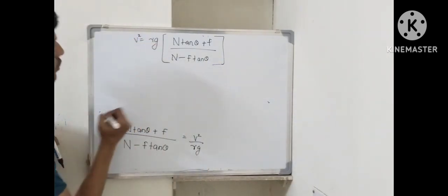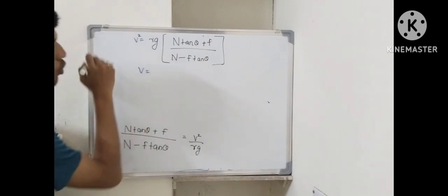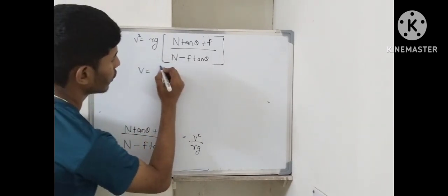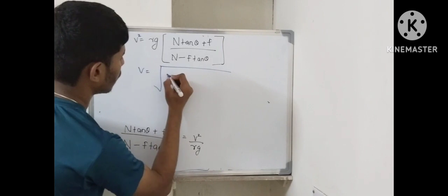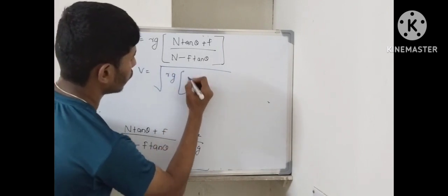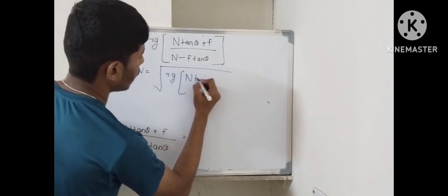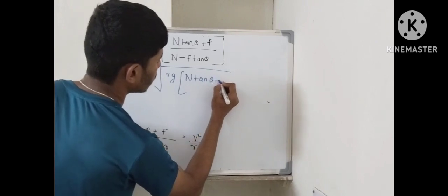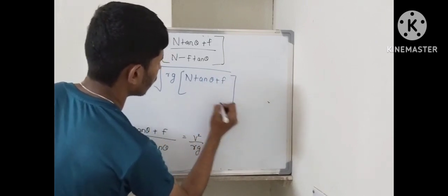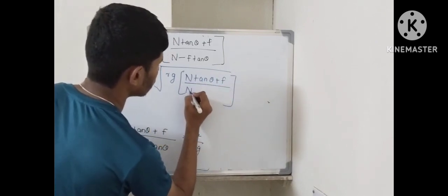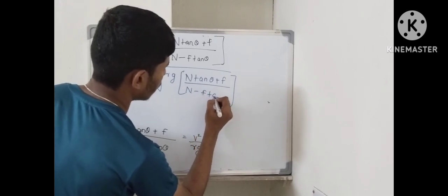Here it is v square, so taking square root on both sides, we will get v equal to under root rg into n tan theta plus f upon n minus f tan theta.